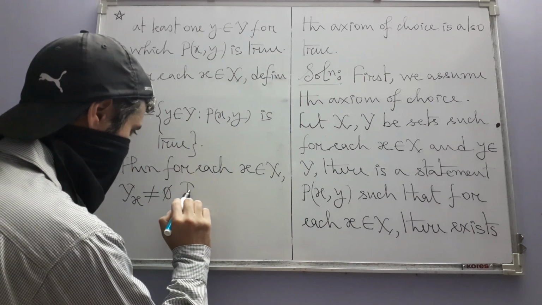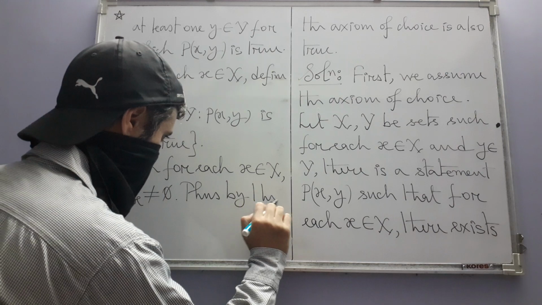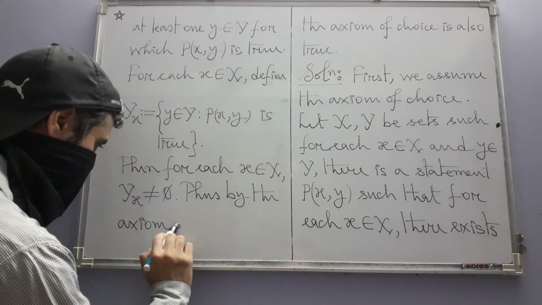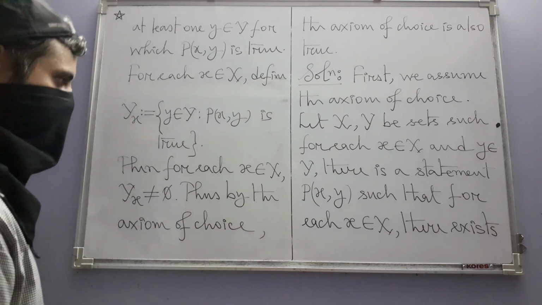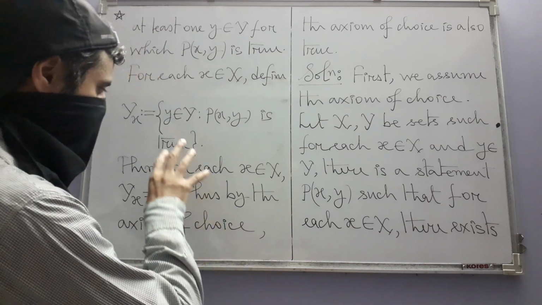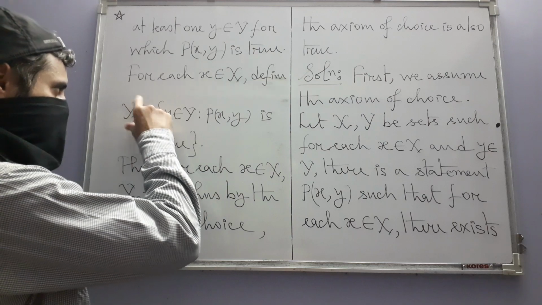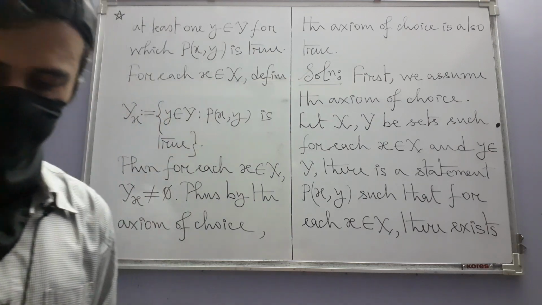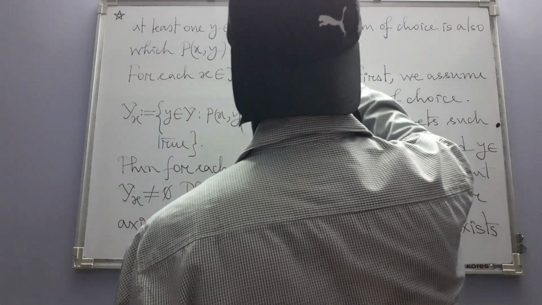Then, by the axiom of choice, what does the axiom of choice say? It says that in such a situation, the Cartesian product of all these sets yx is going to be non-empty. So that is our conclusion from the axiom of choice.